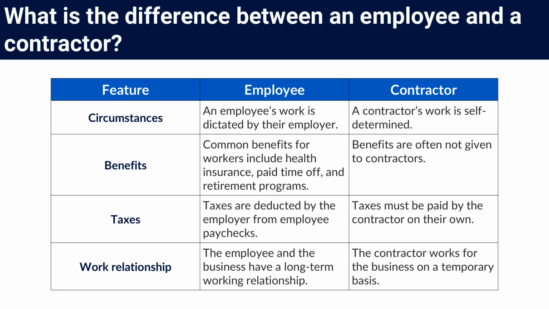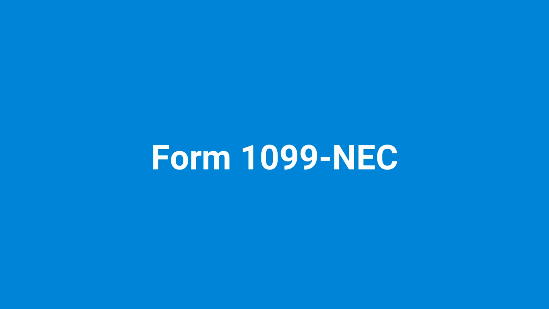Now that we've covered the main differences between a contractor and an employee, let's review the different 1099 forms you're most likely to see as a child care business. The Form 1099 NEC is used to report contractor compensation and is used by businesses and individuals who have paid $600 or more in compensation to a contractor during the tax year.